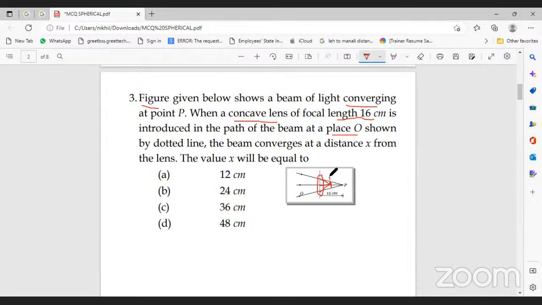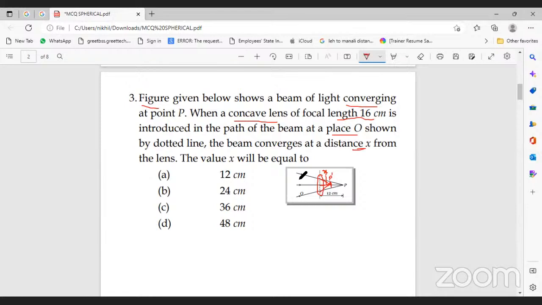Let us say that point is P dash, at a distance x from the lens. It is going to converge at a distance x. Now let me write another formula for you.